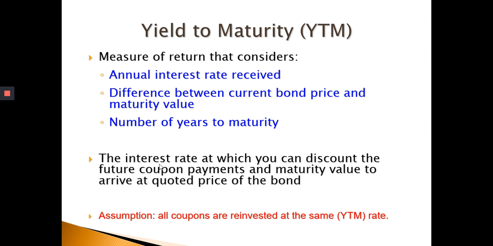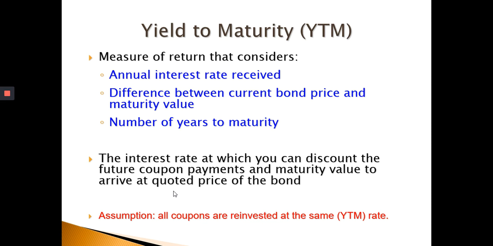So what is yield to maturity? It's the interest rate at which you can discount the future coupon payments and maturity value to arrive at the quoted price of the bond. Remember, just now, for the time value when we were calculating the bond price, we used I equals 12%, right?